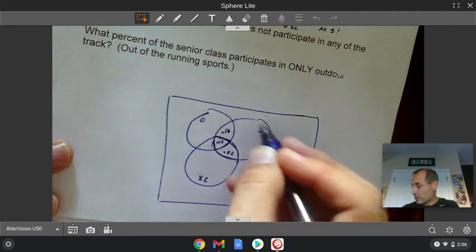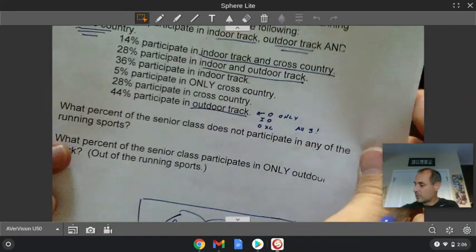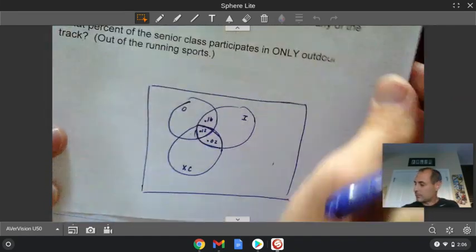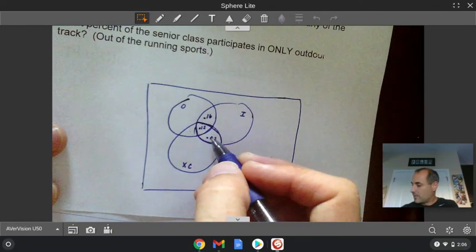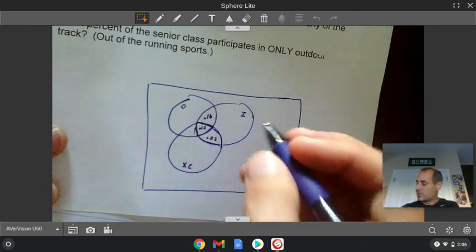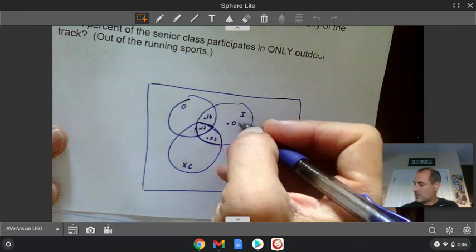If I look at the indoor circle, indoor track is 36%. Well, I have 12 and 2 is 14, plus 16 makes 30. The whole circle is 36. So this is 6% there.